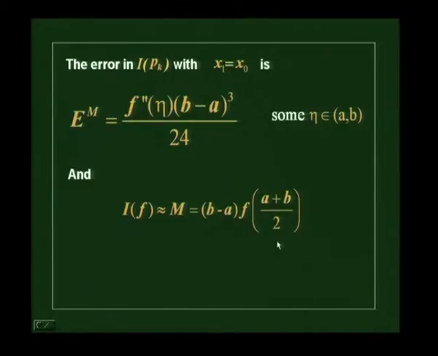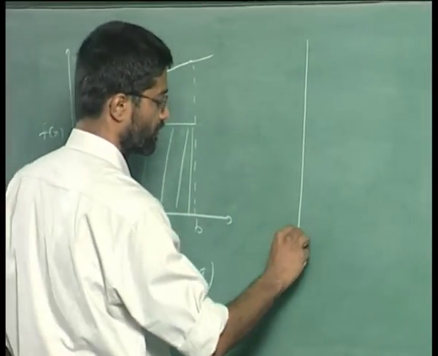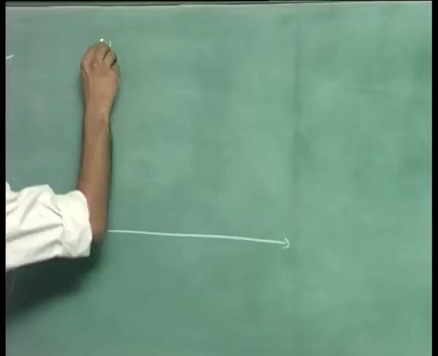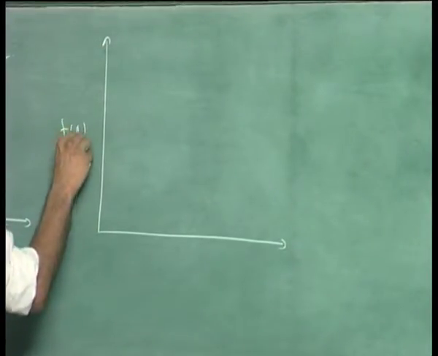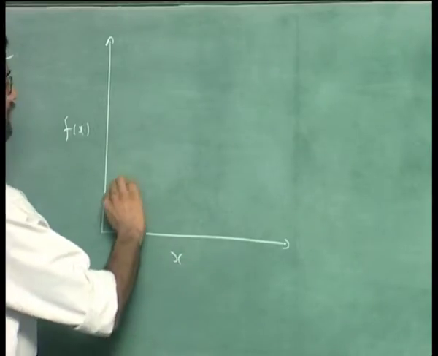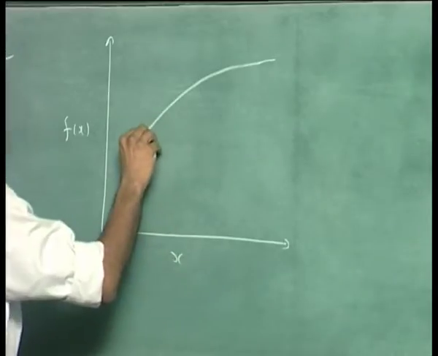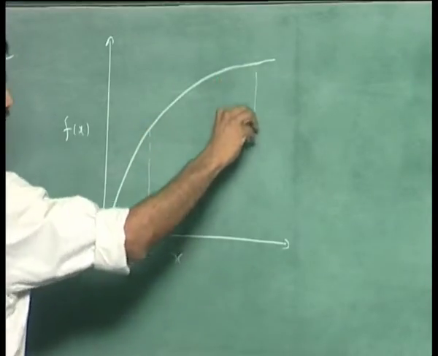Okay, so, that is saying that now I will not do this, but instead I have the function f of x versus x. So, it is a function like this, and I am tabulating. This is the interval which I want to do, right.